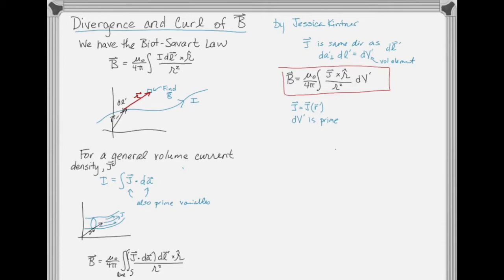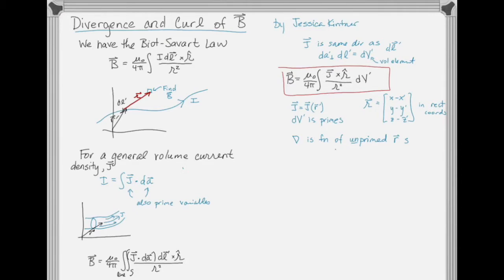I just want to go through all of those variables and make sure we know what is in terms of the primes and what is in terms of the unprimes. The j is in terms of the prime, as we were just saying, the current density. And the dv is in terms of the primes. And you might remember the script r: if you go back and look at that picture, the script r is vector r minus r prime.